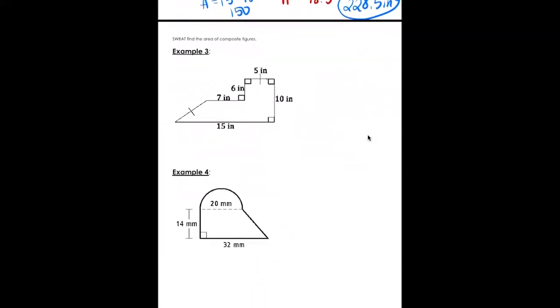Let's now look at example 3. Well, I know in this one, I'm going to want to make this a triangle right here. And then with the other two pieces, I can either cut it straight across or I can cut it going down.